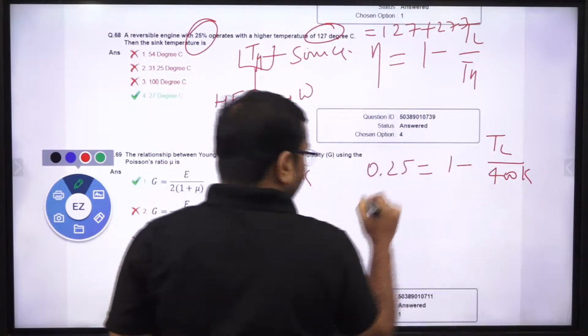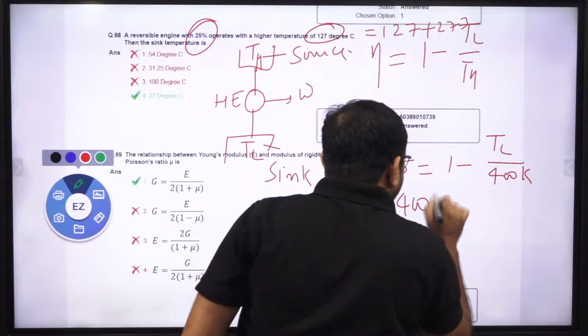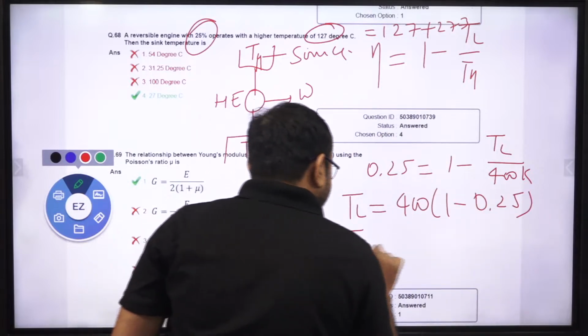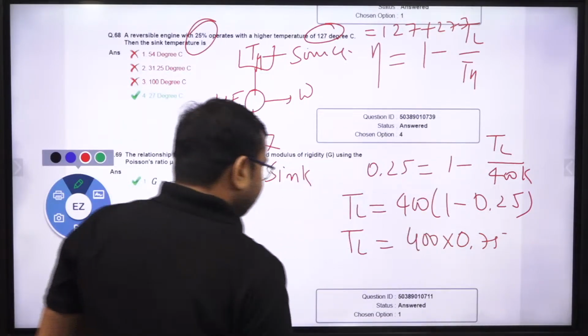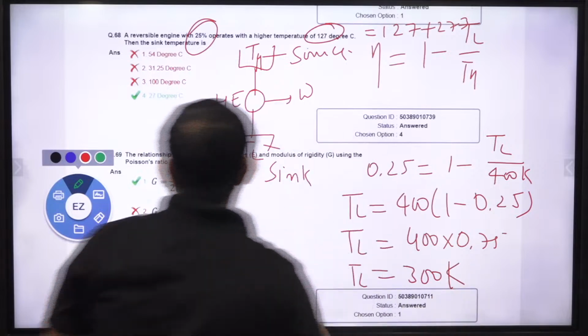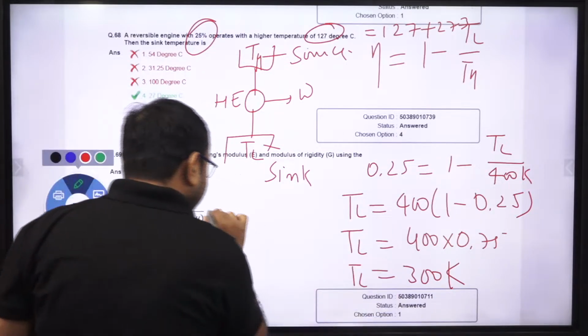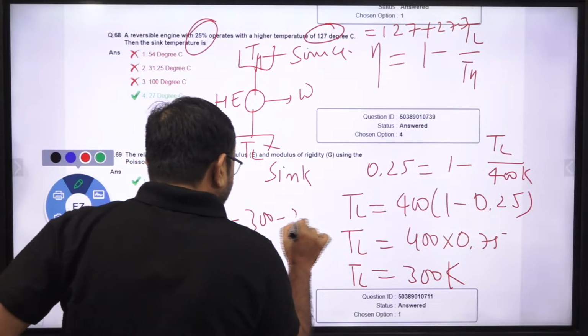Yes or no? So after solving this, TL is nothing but, can I write directly 400 into 1 minus 0.25? So here we get 400 into 0.75. Yes or no? So this is nothing but 300 Kelvin. But here we need to give this answer in degree centigrade. So can I write, this is 300 minus 273.